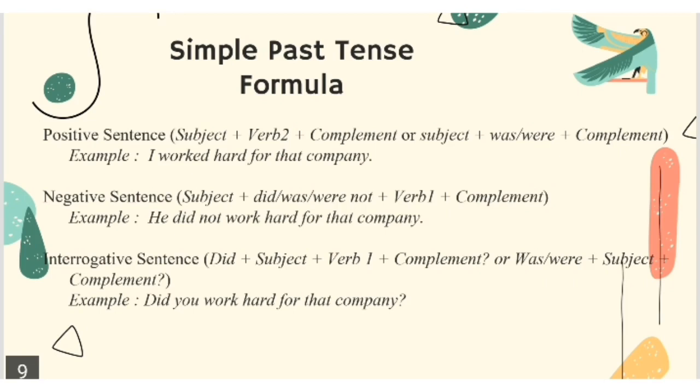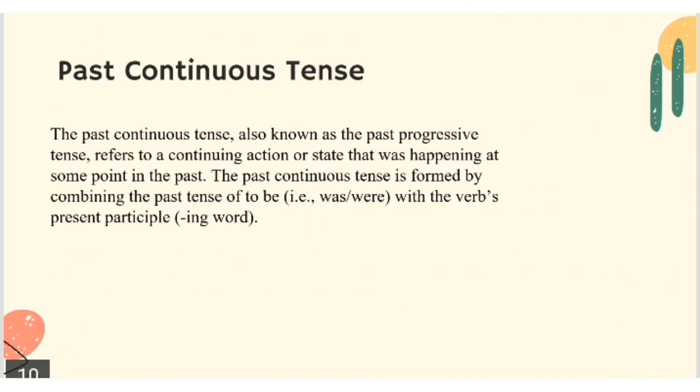For example, he did not work hard for that company. For the interrogative sentence, there is did plus subject plus verb 1 plus complement plus question mark, or we can use was or were plus subject plus complement. For example, did you work hard for that company?